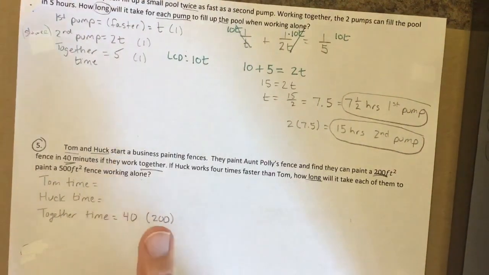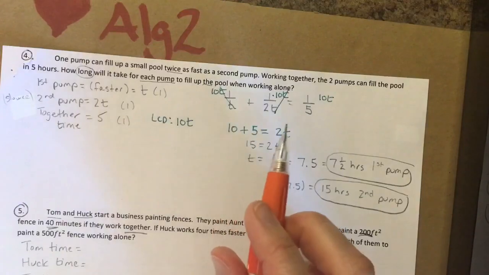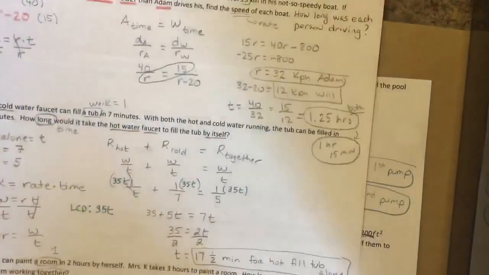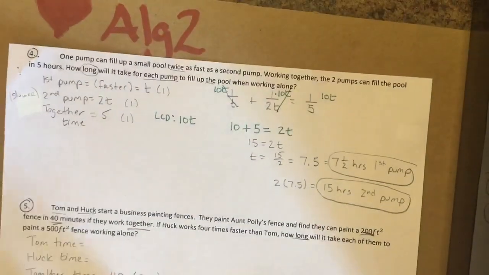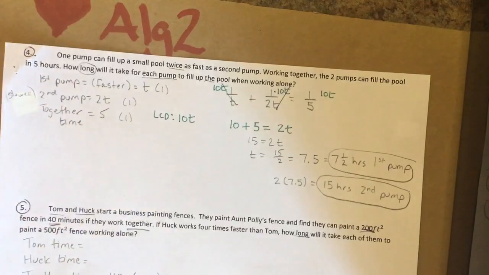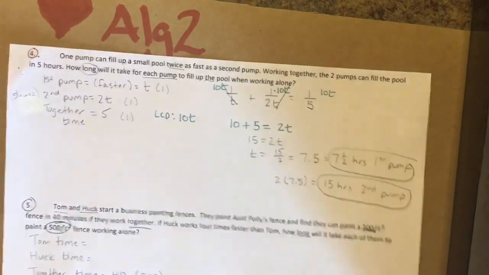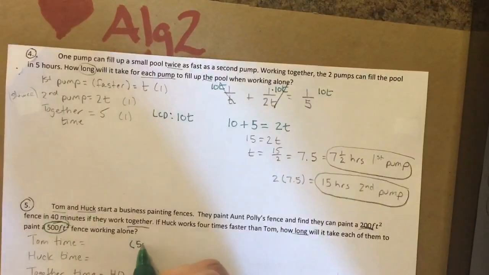Now here we're getting some different work. Here we've had 1, 1, 1, the work's only been 1. Now we've got some different work. This is 200 work, 40 minutes. Now when they're working alone, we need 500. So these are both going to be 500.